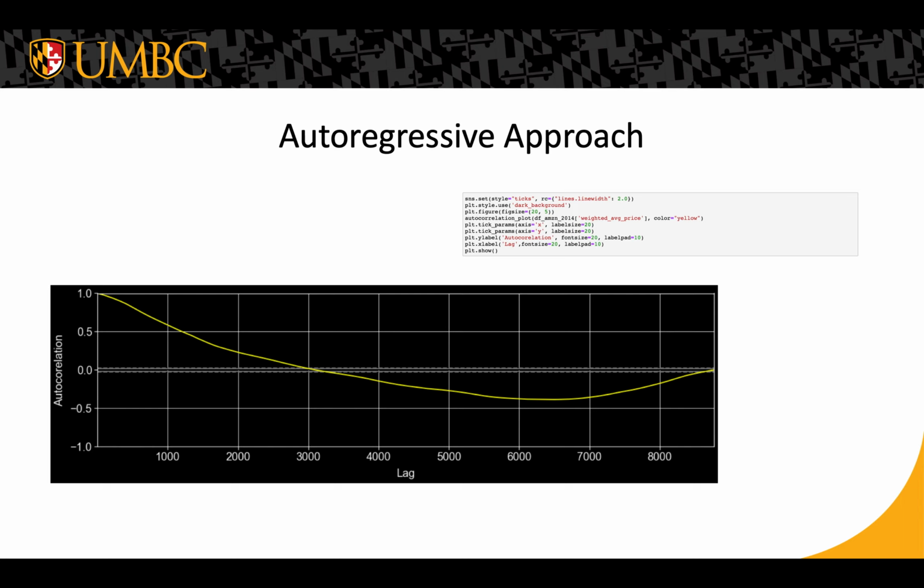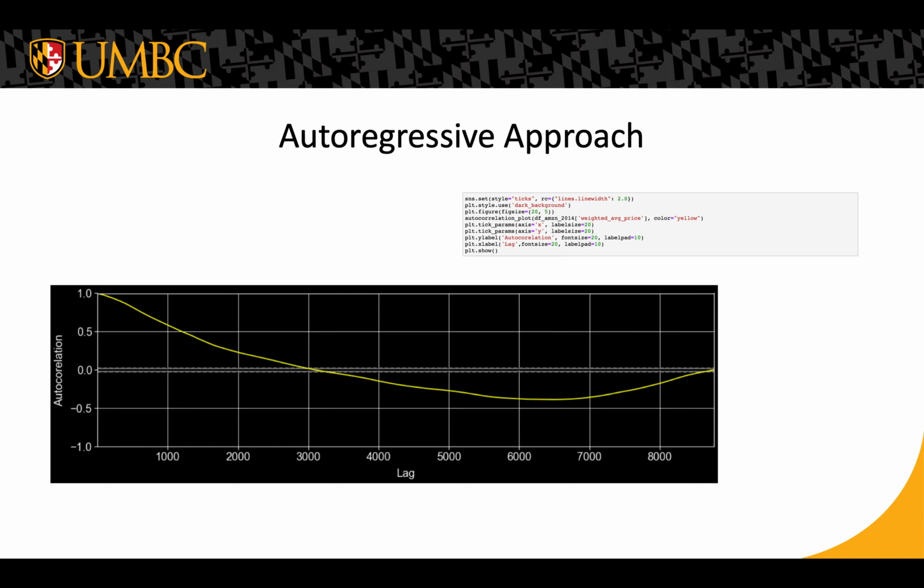However, I still want to extract some useful information or features from the data itself, so I used an autoregressive approach, which is often used in time series analysis. I simply plotted the autocorrelations of the weighted average price of this time series.